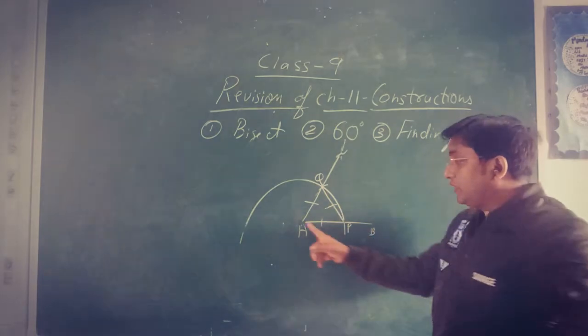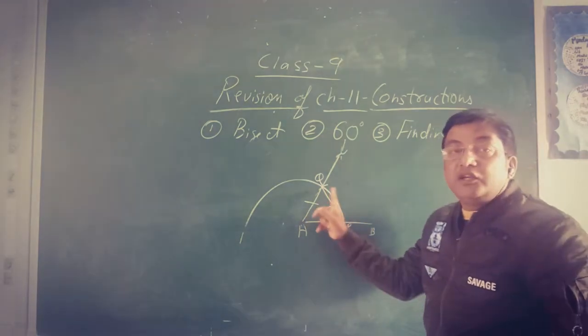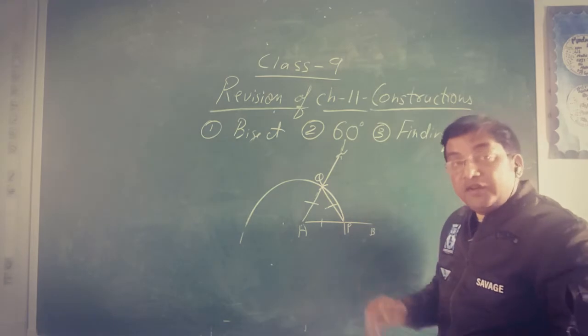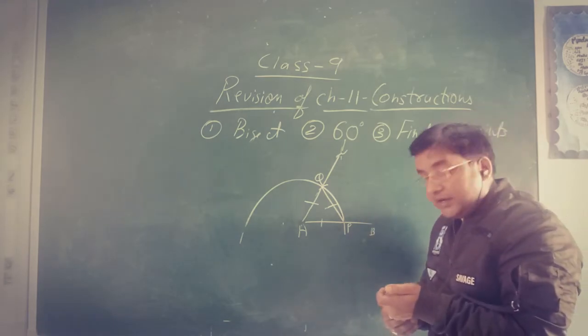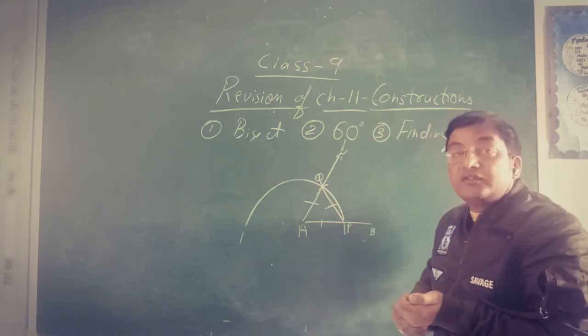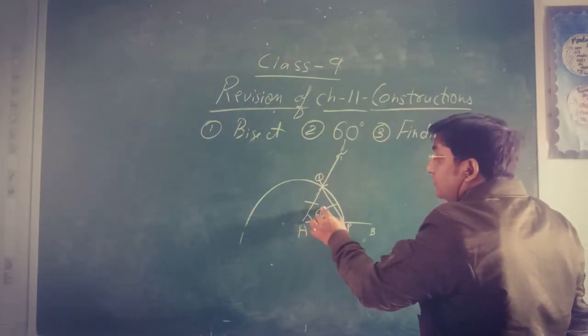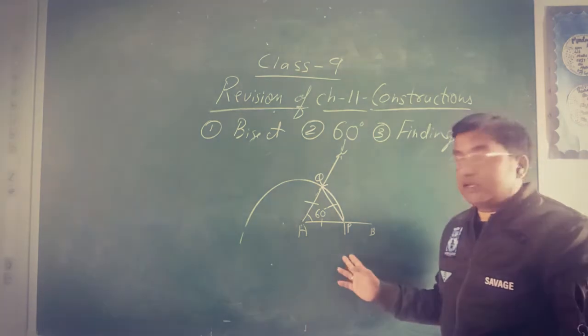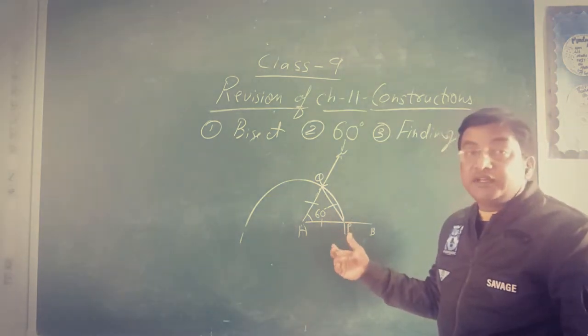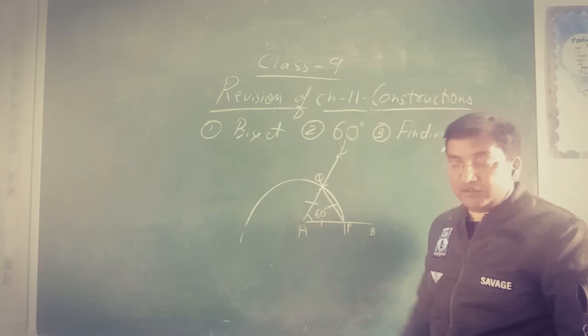So if you see this closely, APQ is an equilateral triangle. And we know that in an equilateral triangle, all angles are 60 degrees. So that's why this is 60 degrees. So we can prove this like this. This is why it is 60 degrees, justified. So this is the justification of this.